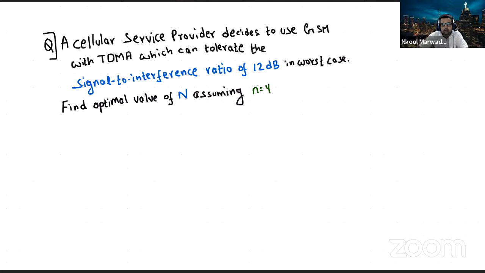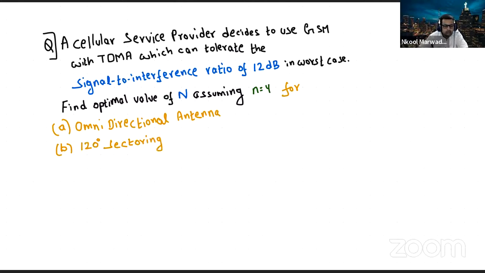For A part, omnidirectional antenna, B part, 120-degree sectoring, and C part, 60-degree sectoring.